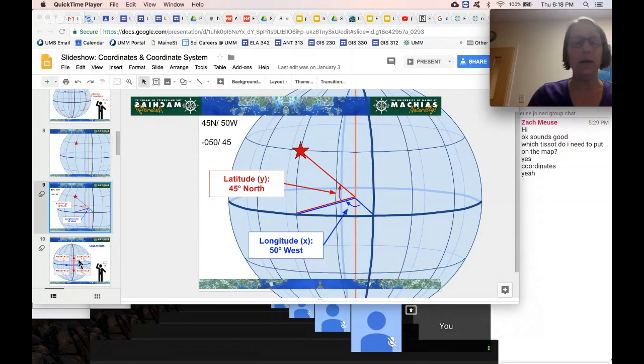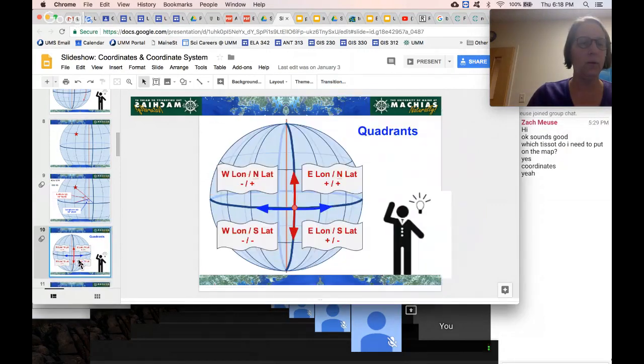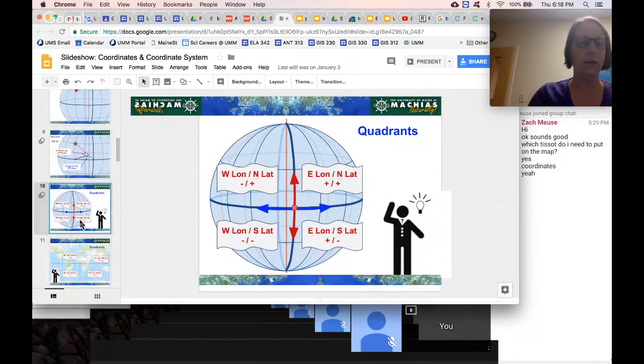Now, the other thing that's really important about coordinate systems, among the many things, are the quadrants. The computer doesn't really like to read coordinates in east, west, north, south. So we have to identify the coordinates in such a way that makes it easier and less data intensive for the computer to express and to read and understand.